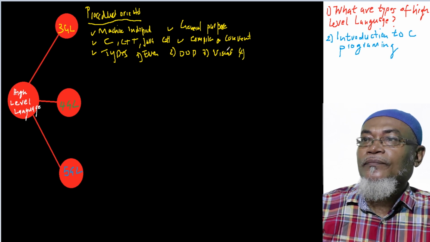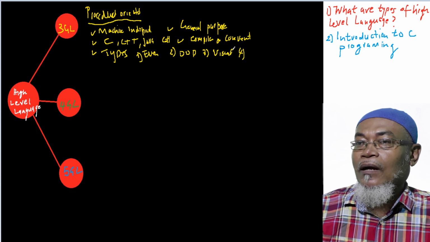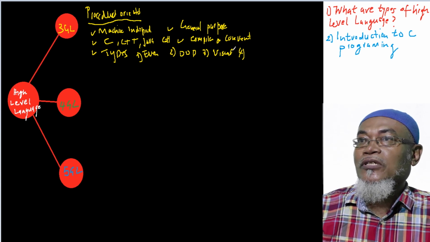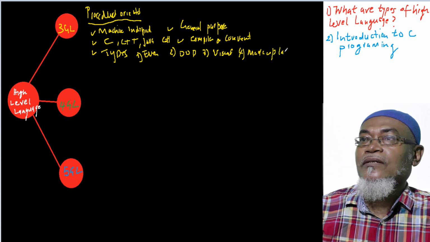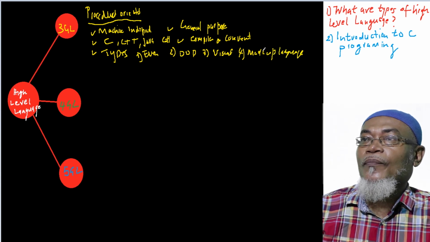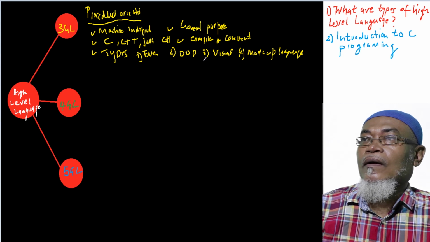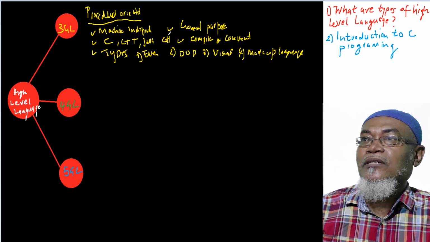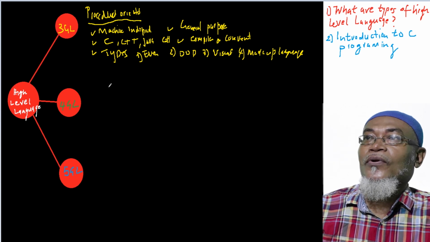And the fourth one is markup languages. Markup languages are used to develop web pages, and web pages are used on the internet. So that is what 3G programming, or procedural oriented programming, is.